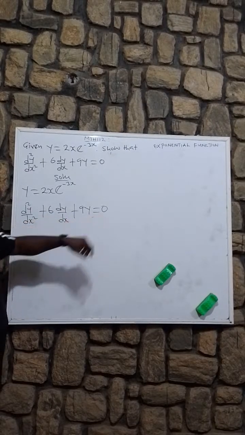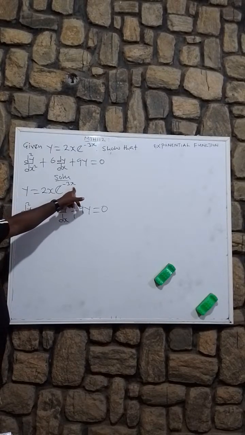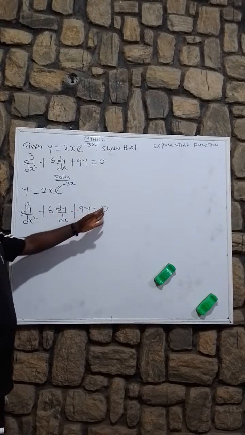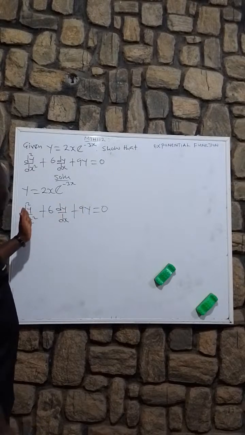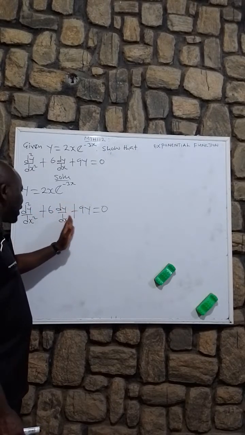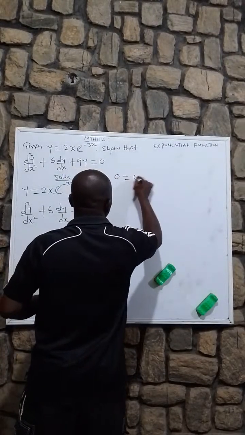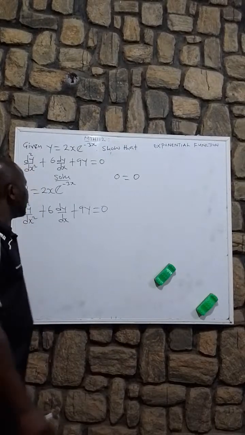It implies that we should differentiate this function with respect to x up to how many times? 2 times. Then substitute it into this differential equation. Since the right hand side is equal to 0, after substitution, the left hand side too will be 0. This is how the equation will look: 0 equals 0. This is what they want. Is that clear? So how can we do that?